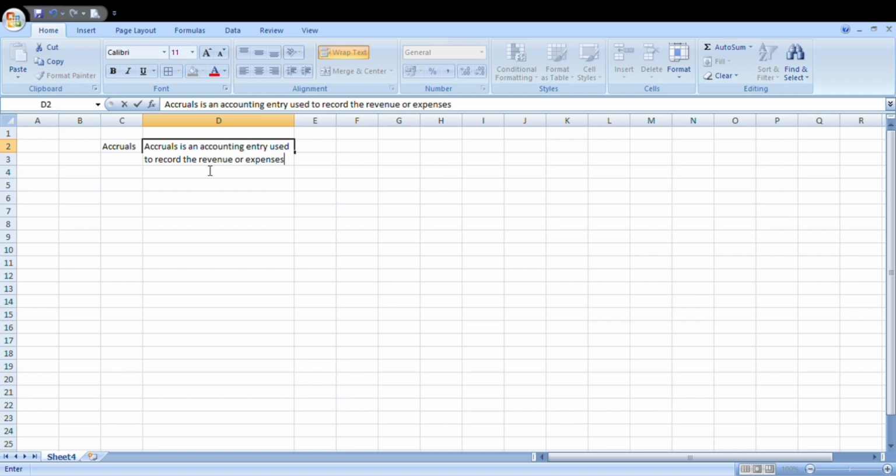We record the revenue or expenses when they are incurred.